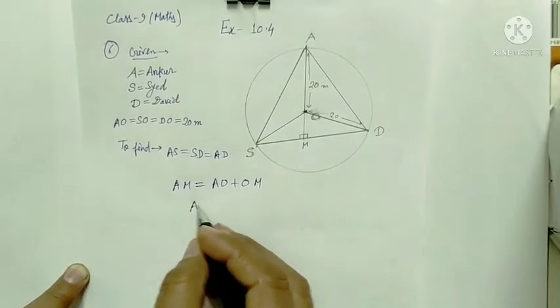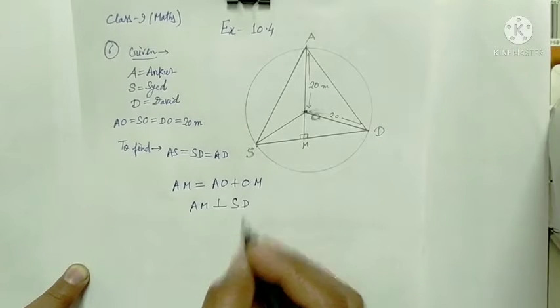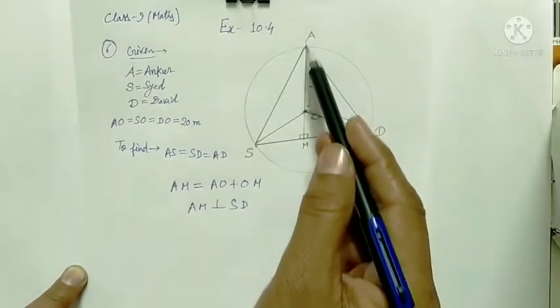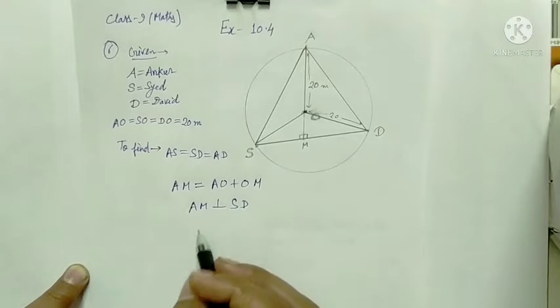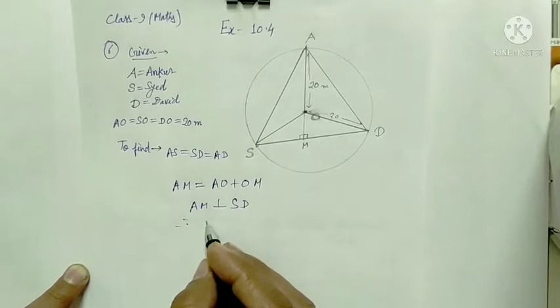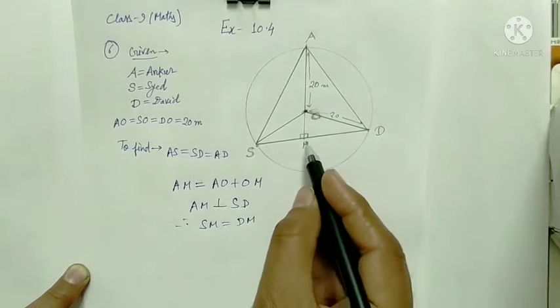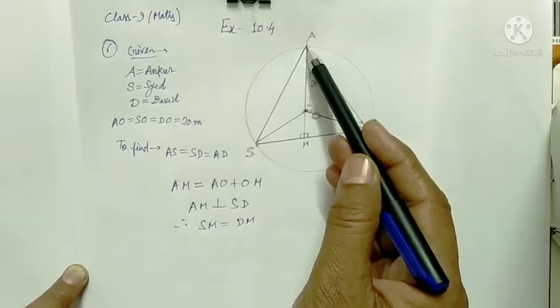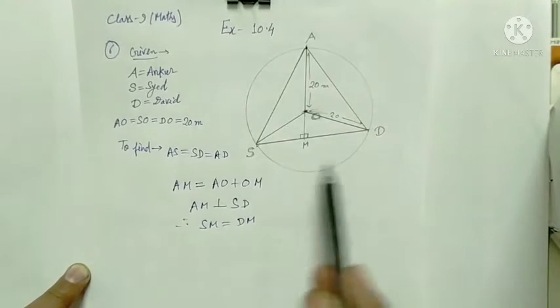And you know that AM is perpendicular to SD because it is an altitude, and the altitude of an equilateral triangle divides the base into equal halves. Therefore you can say here SM is equal to DM. It is the midpoint, because in an isosceles triangle and equilateral triangle, the altitude drawn from the opposite vertex always divides the opposite side into equal halves.